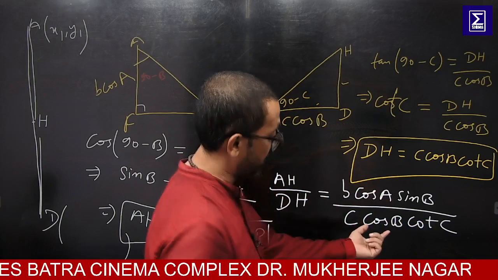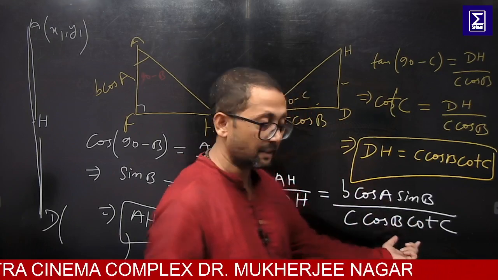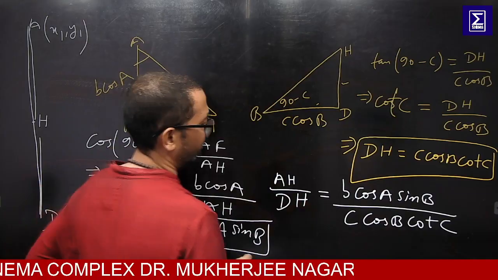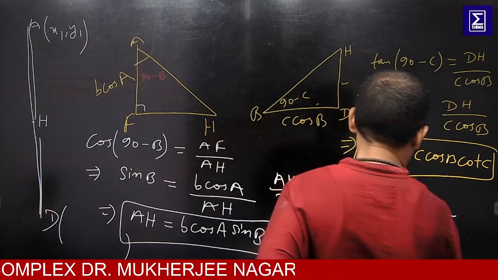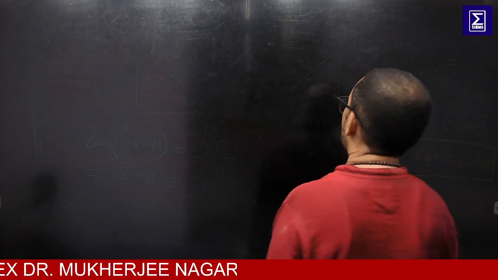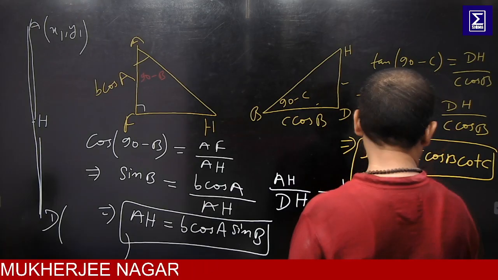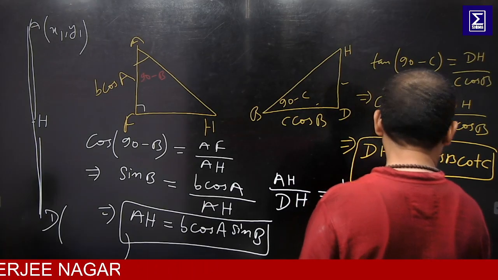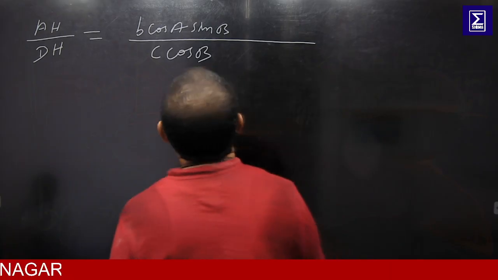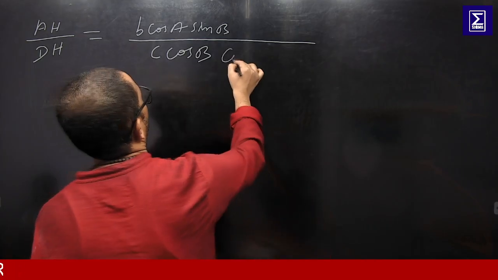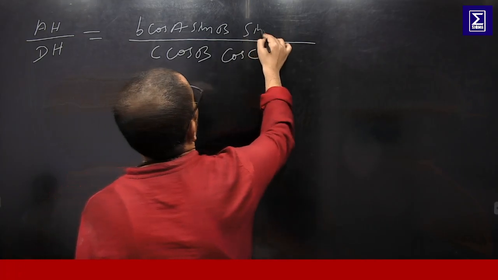Can you write it as cos C upon sin C? So cos C will come here and sin C will come up.